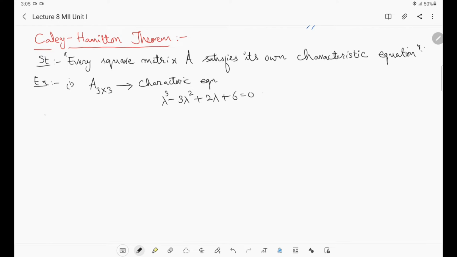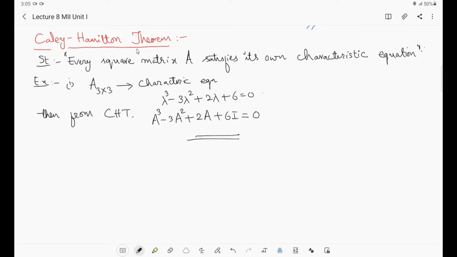The meaning is, from CHT, whenever I write CHT, you have to understand that its full form is Cayley-Hamilton theorem, right. From CHT, it is nothing but A cube minus 3 into A square plus 2 into A plus 6 into I. If you evaluate this, it will be 0, meaning the square matrix is satisfying its own characteristic equation, right.